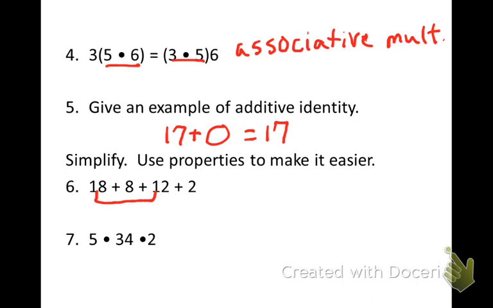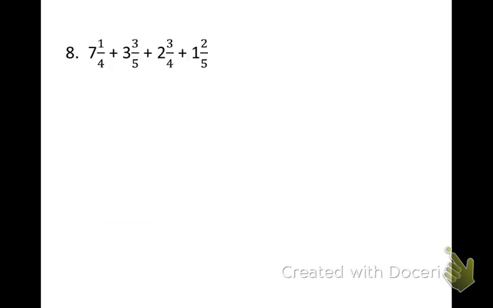So 18 and 12 is 30, 8 and 2 is 10, and so I end up with 40. And these are problems I don't really care if you write down steps, because I want you to find an easy way to do it. So like in this one, I'm probably going to multiply 5 times 2 first, which is 10, and it's pretty easy to multiply 34 by 10, you get 340. So here would be an example of when I don't want you to show work, which is very unusual. Again, we're looking for some easy way to do it.